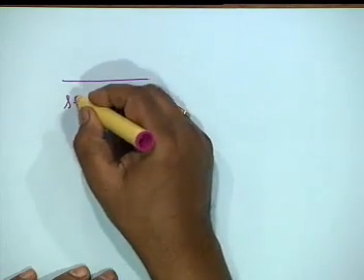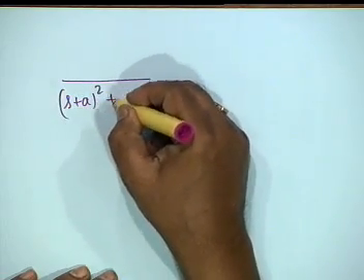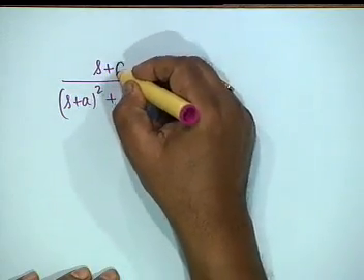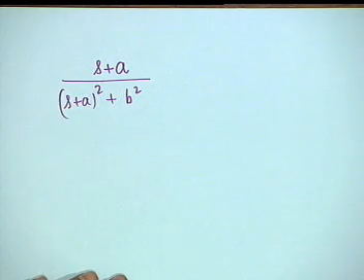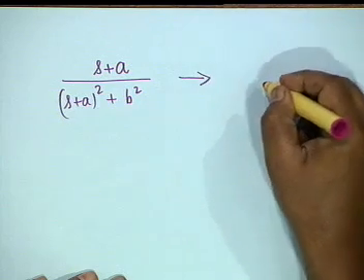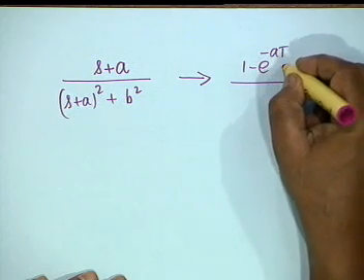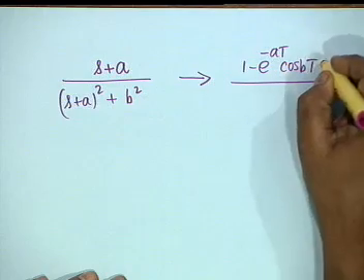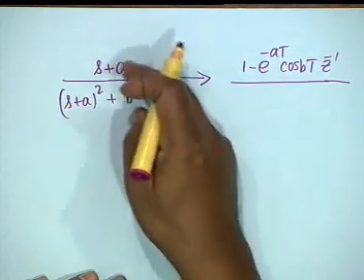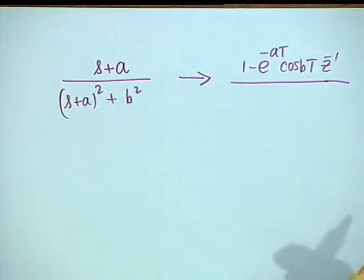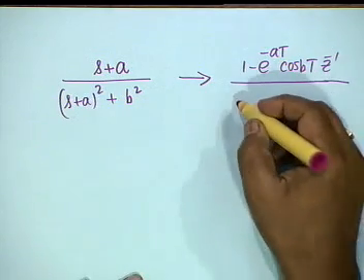And the situation that occurs is, if you have a pair of complex conjugate poles at minus a plus minus jb, and the numerator is s plus a, then this goes as 1 minus e to the power minus aT cosine bT z inverse. It can be very simply derived. You expand this in partial fraction, two partial fractions, transform each term, then add the two and simplify. This is what you get.